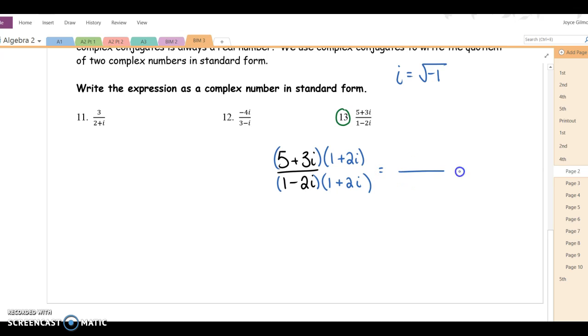So in our numerator, we're going to have to double distribute. 5 times 1 is 5. 5 times 2i is 10i. 3i times 1 is 3i. And 3i times 2i is 6i squared.